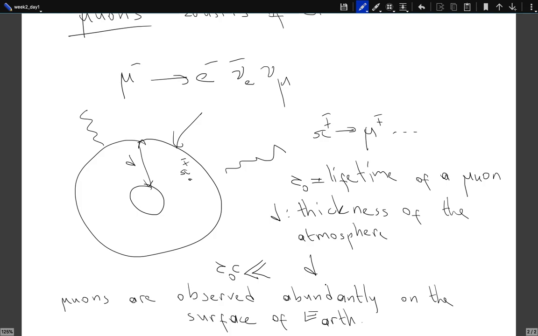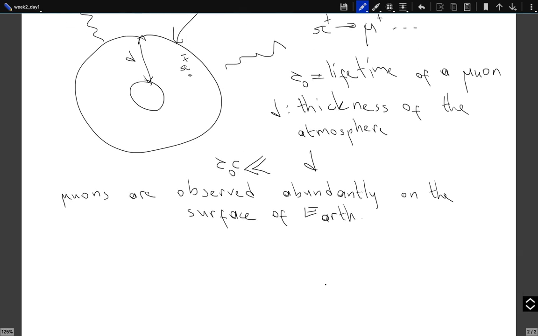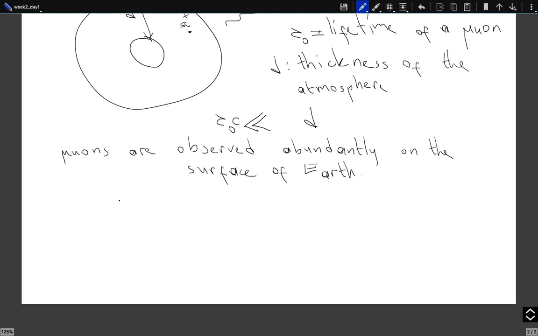Its clock shows 10 to the power minus 10 seconds, but my clock shows, I don't know, 10 to the power minus 9 seconds. So if its speed is very close to the speed of light, its self-clock will tick very, very slowly. So the actual distance it will be able to cover will be this much.